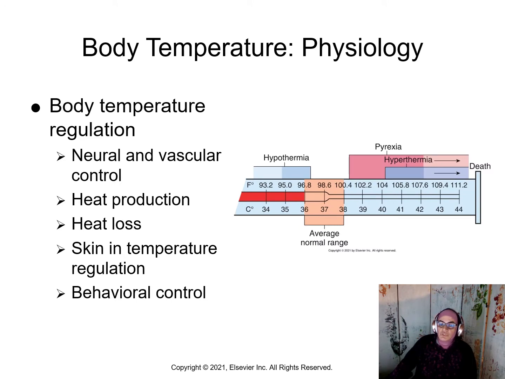So body temperature, this is what your Potter and Perry says the normal temperature is, and the hypothermia is somewhere around this, and hyperthermia somewhere around that. Don't get confused because see here, pyrexia is considered anything above 100.4, and hypothermia is considered anything less than 36 or 96.8.